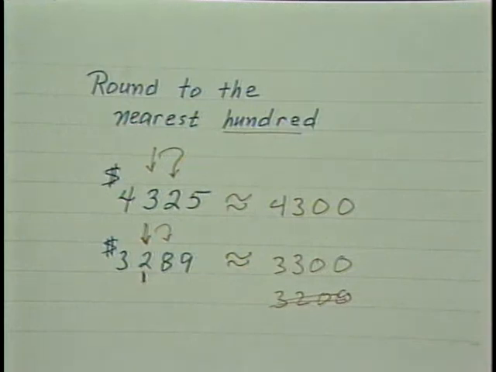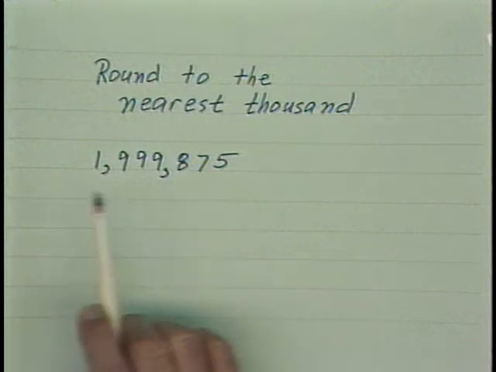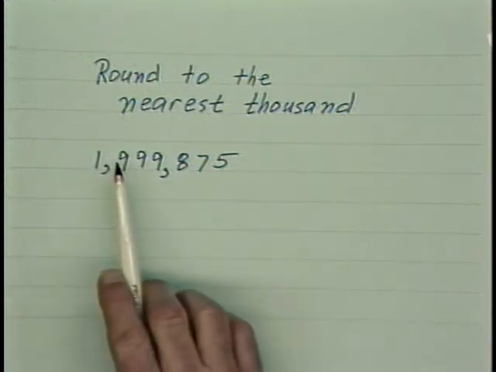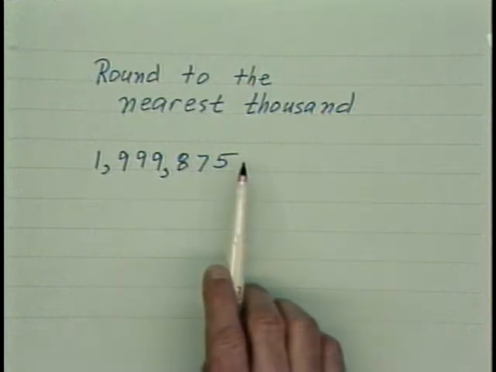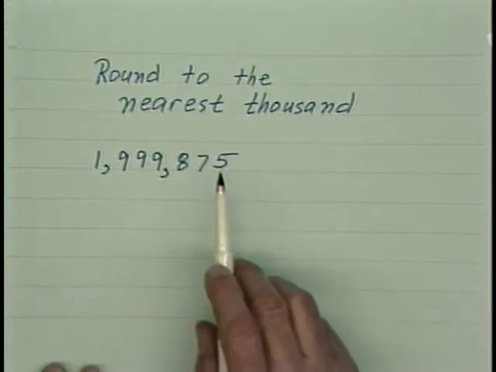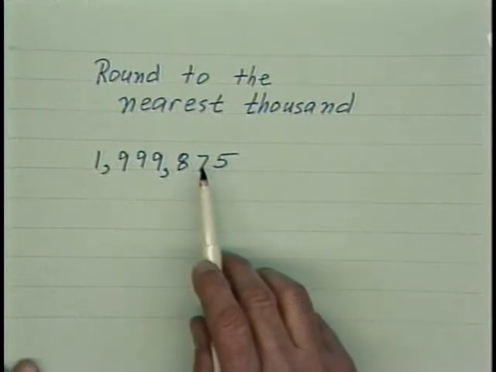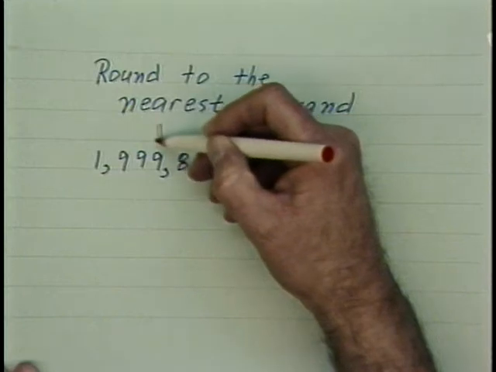Consider this rather strange situation. We have been given the number 1,999,875, and we desire to round it to the nearest 1,000. So there is my unit, 10, 100, 1,000. So we wish to round here.